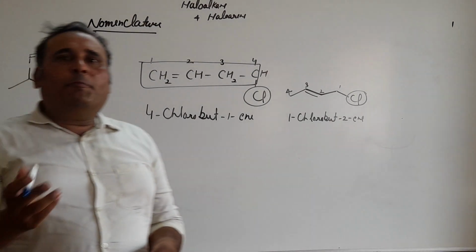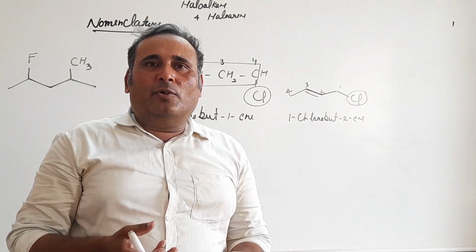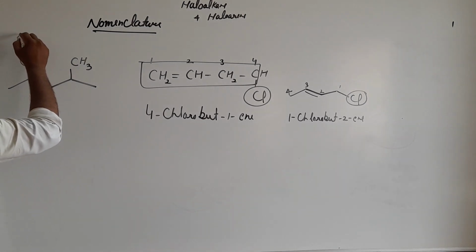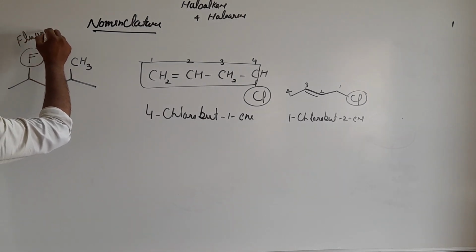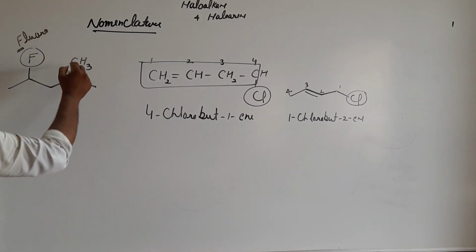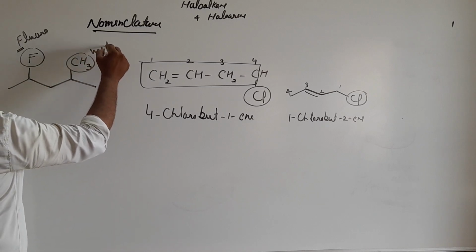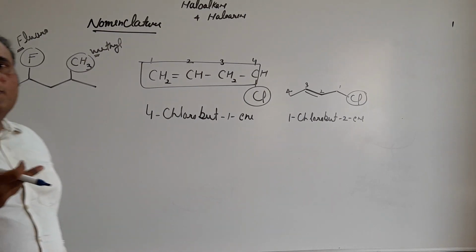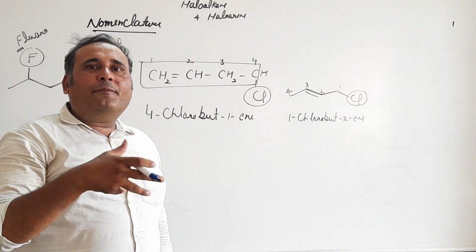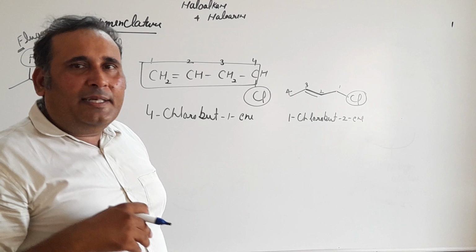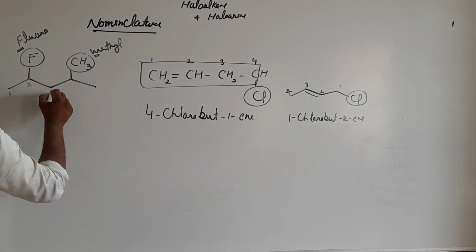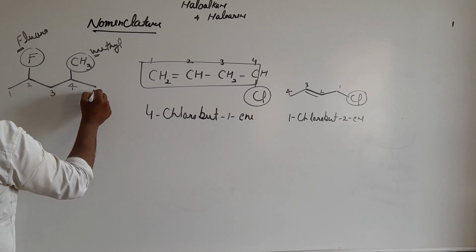So we give priority according to alphabetical order as per the rule. The first letter of fluoro is F and the first letter of methyl is M. That's why F comes first alphabetically, so we give priority to F. So 1, 2, 3, 4 and 5.